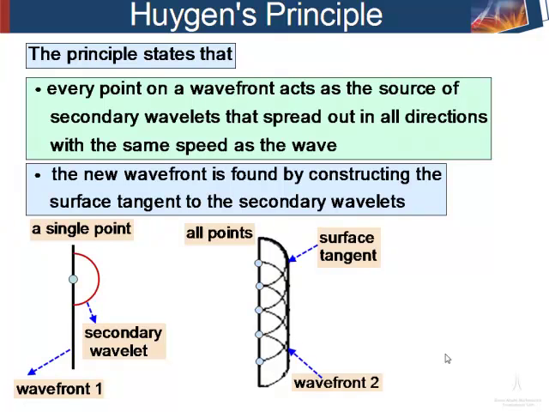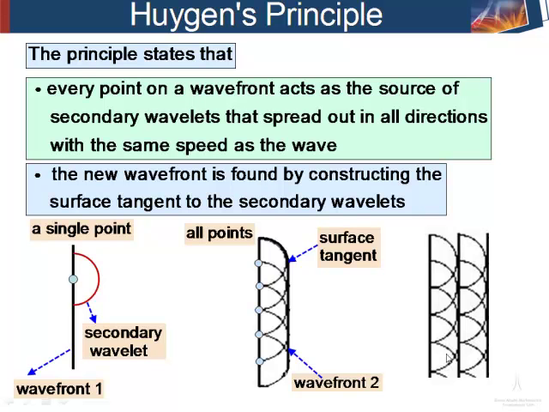And so you can continue like that. There's your first wavefront, and the wavelets that spread out from it. Then you draw a tangent, second wavefront, and the wavelets that spread out from that, and there you have your third wavefront, and you can continue like that.